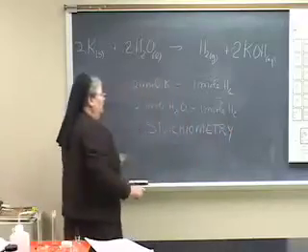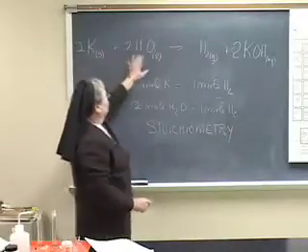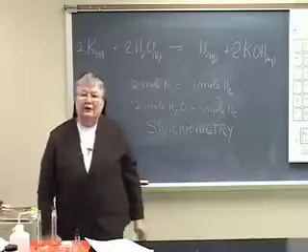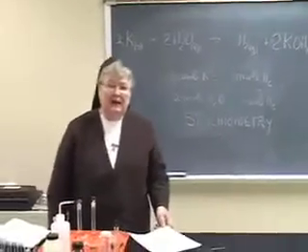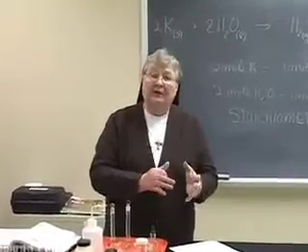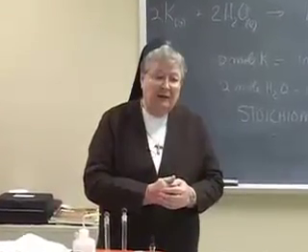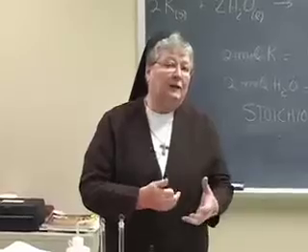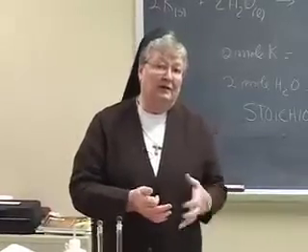It means the little numbers that you put in front of the compounds to balance the equation, the stoichiometry. So it's by stoichiometry that we're able to relate moles of one kind of substance to moles of another kind of substance.